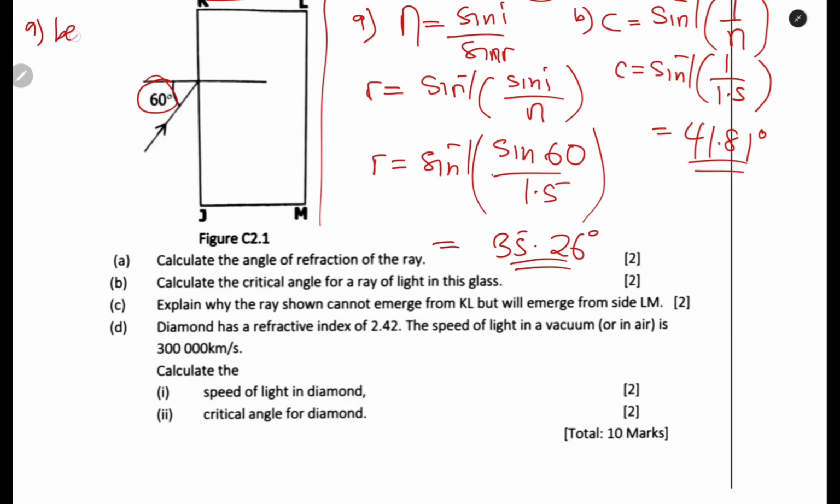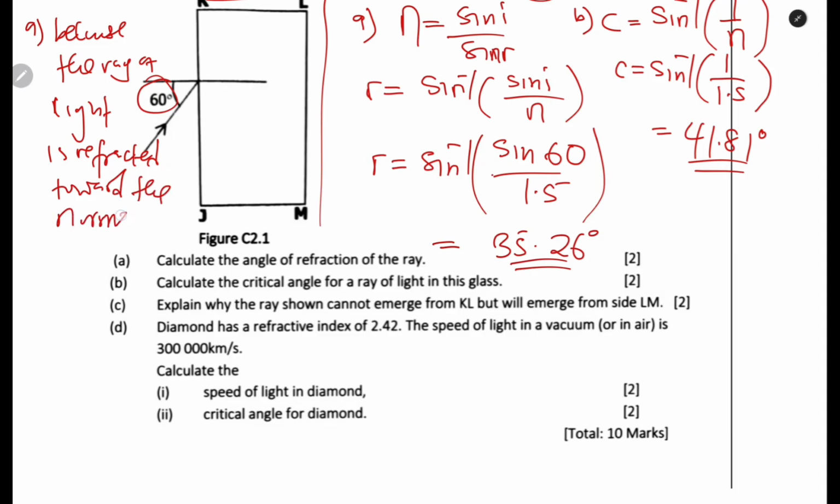Okay, so because the ray of light is refracted toward the normal, and perhaps you might need to know why it is refracted toward the normal and why it is refracted away from the normal if it is moving from a dense medium to a less dense medium.